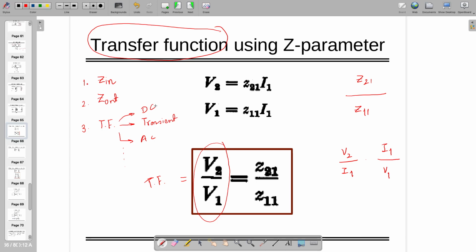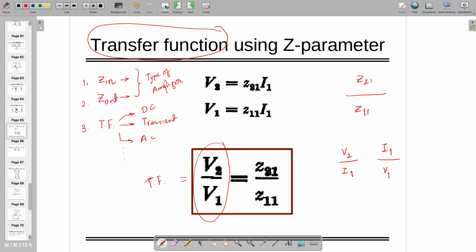Pole zero analysis, or all the analysis, can be done if you have the transfer function. And Zin and Zout will decide the type of amplifier, and this will allow you to connect two amplifiers together.